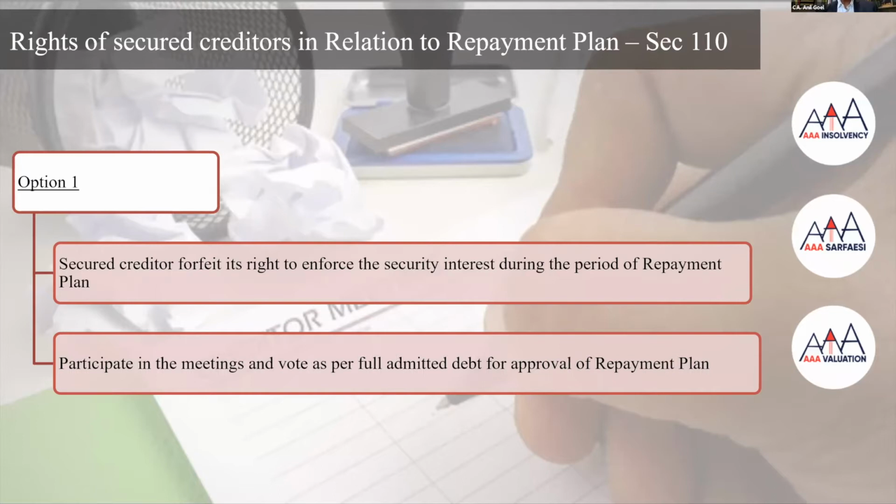See, the very important question that we kept pending in the last session was what should be the rights of the secured creditors in relation to the repayment plan. This is dealt with by section 110, and there are 2 options available. The first option is that the secured creditor forfeits its right to enforce the security interest during the period of the repayment plan. So whatever he is doing, it is only restricted to the repayment plan period.